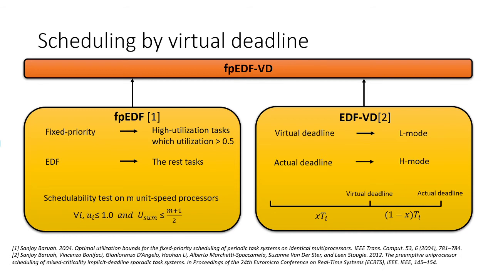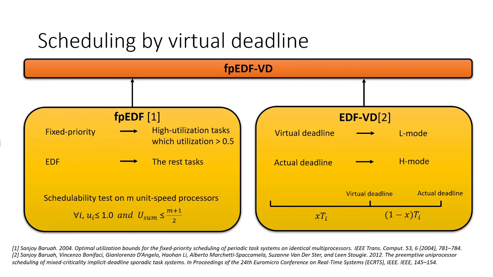In EDF-VD, all tasks are assigned a virtual deadline in low mode. For low criticality tasks, their virtual deadlines are set identical to their actual deadlines. By contrast, for high criticality tasks, the virtual deadline is smaller than the actual deadline.